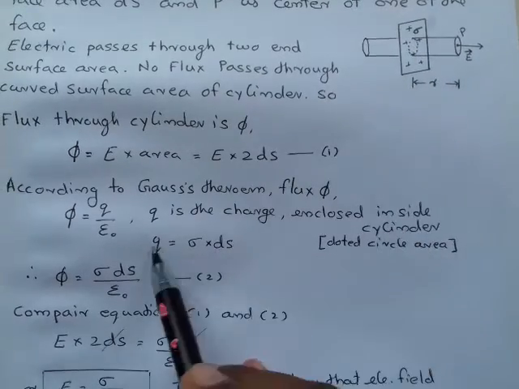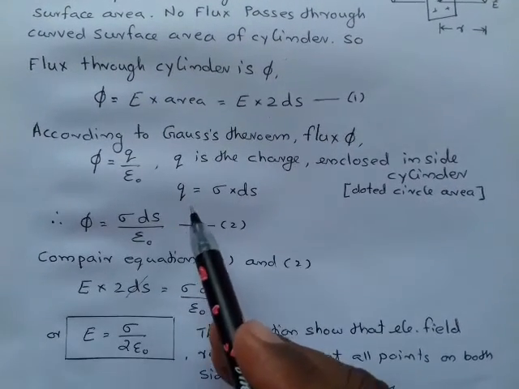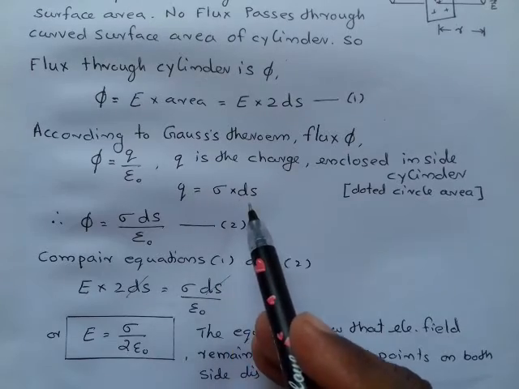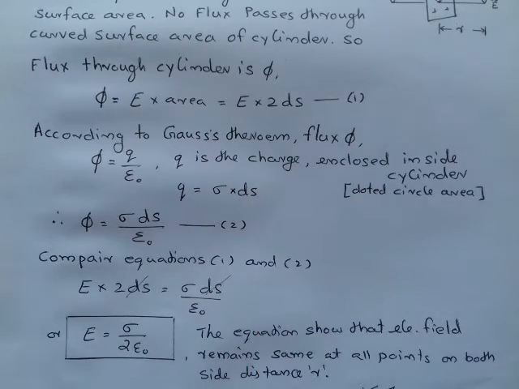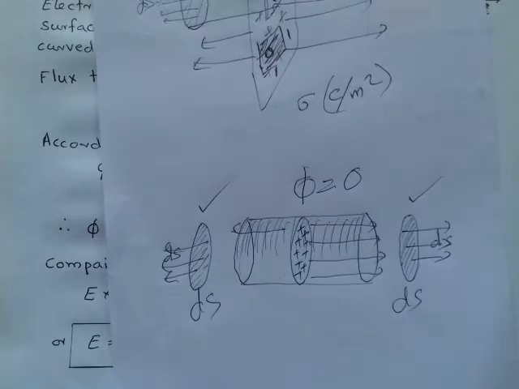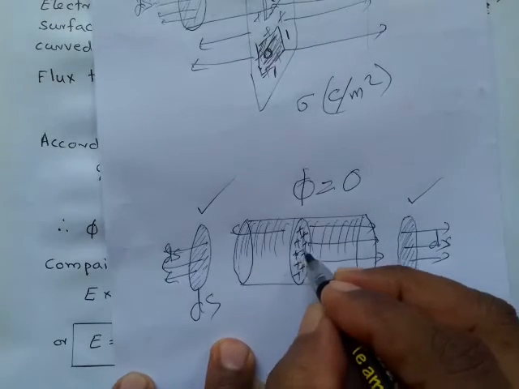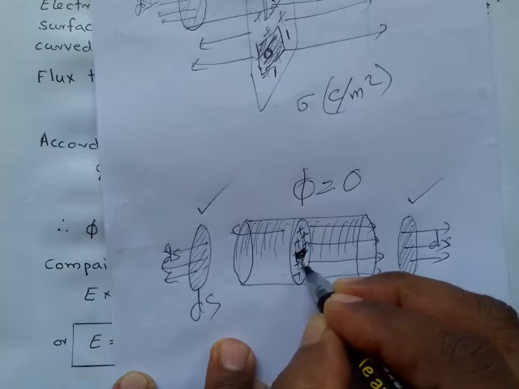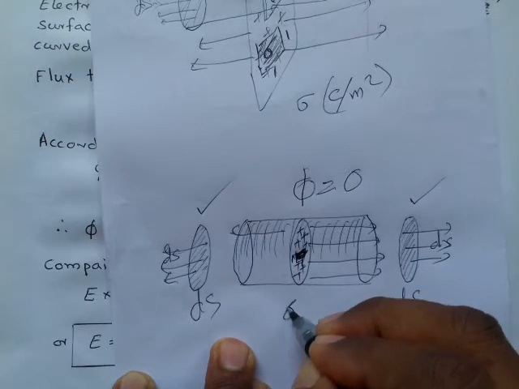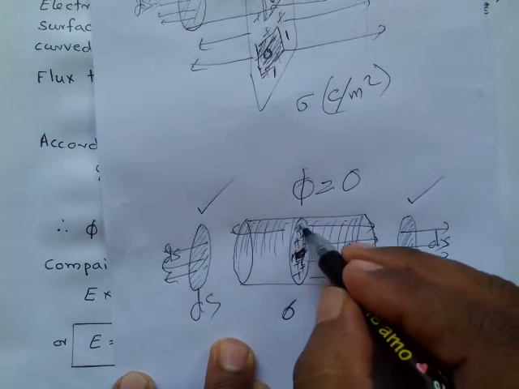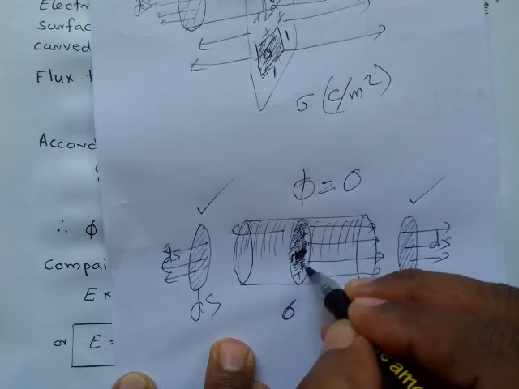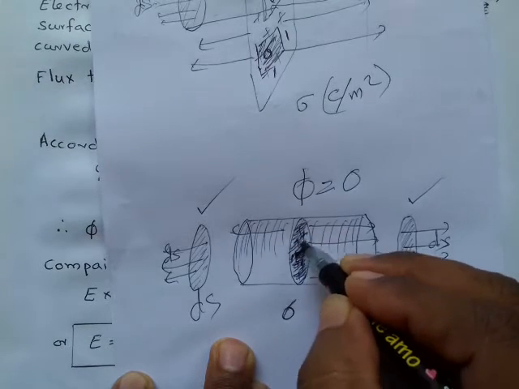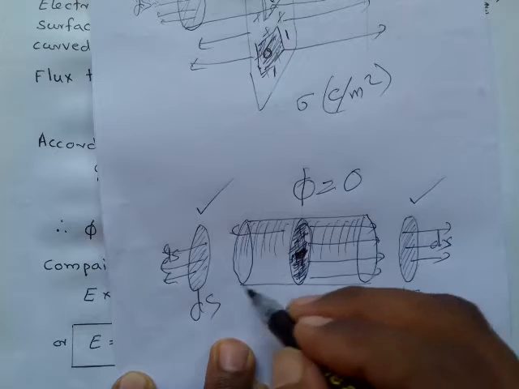We need to consider that, that is q. So for that q we can write sigma into ds. So what does that mean? Sigma is charge per unit area, this much area, 1 meter length, 1 meter breadth. And we have got the area this much, that is also the same ds.